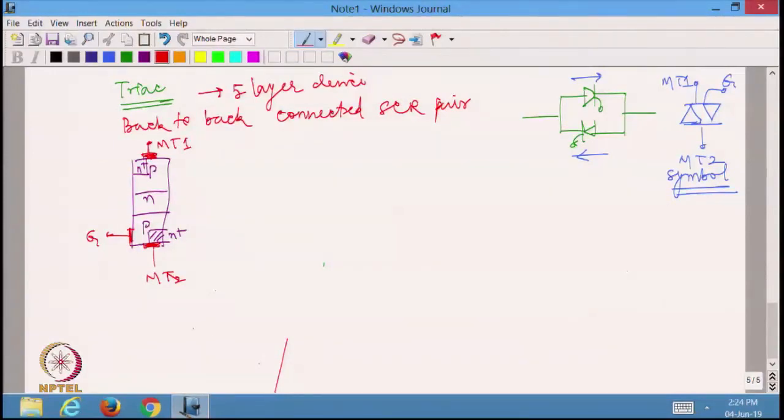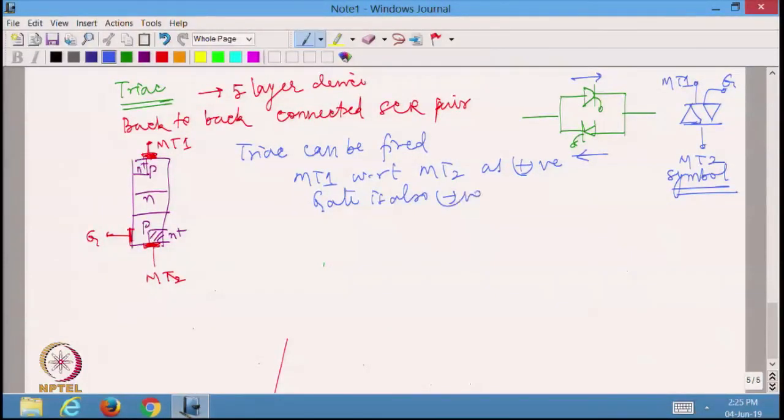These are the 3 terminals available, and the TRIAC can be fired by having MT1 positive with respect to MT2 and simultaneously the gate negative with respect to MT2.